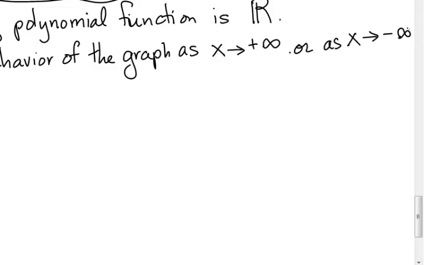So as x is getting really large or really small, what's happening to the y value? Is the y value going up to positive infinity or down to negative infinity? And I'll show you that on the graphs.